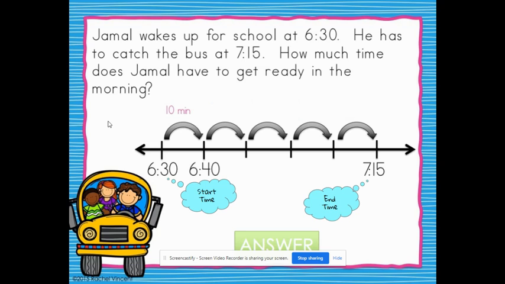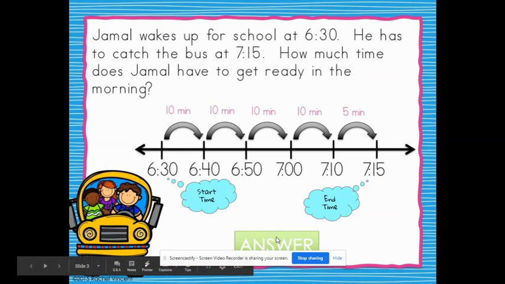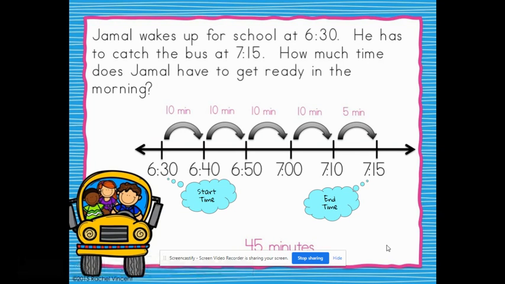And let's keep hopping by tens. 6:40 plus 10 minutes would be 6:50. 10 more minutes would be 7 o'clock. Another 10 would be 7:10. And then my last hop is going to be 5 minutes, 7:15. So I add all this up, 10, 20, 30, 40, 45. Jamal has 45 minutes to get ready.